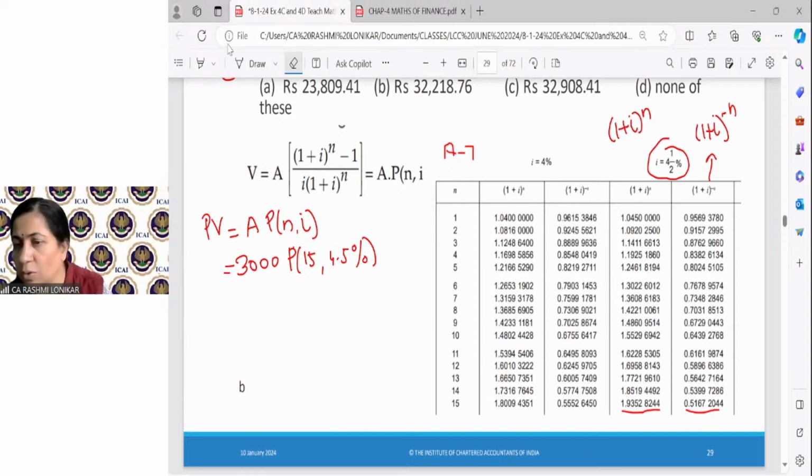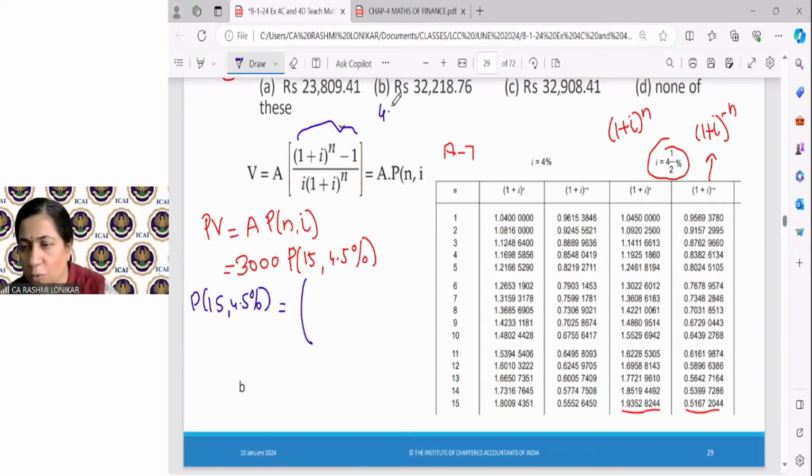So what we do here is, now we try to find out what P of 15, 4.5% will be. This bracket over here, 4.5% can be written as 0.045.